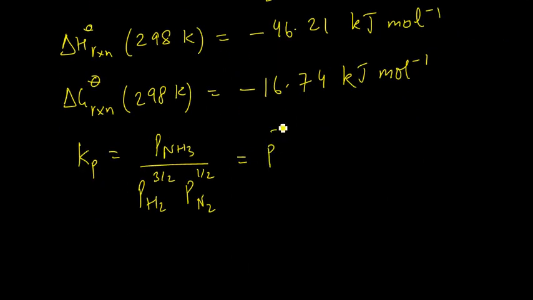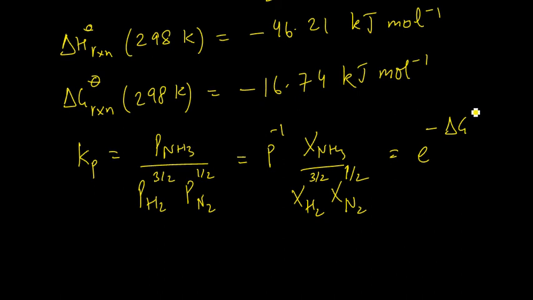So P to the power minus 1 times mole fraction of ammonia by mole fraction of hydrogen to the power 3 by 2 mole fraction of nitrogen to the power half. Yes, which is nothing but e to the power minus delta G naught by RT. So I can just calculate this.